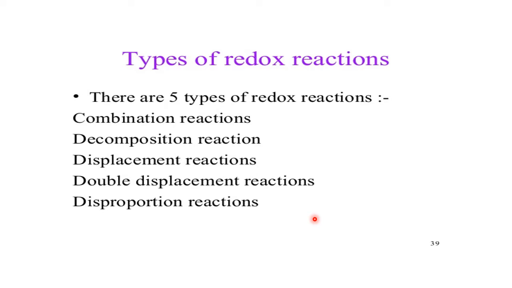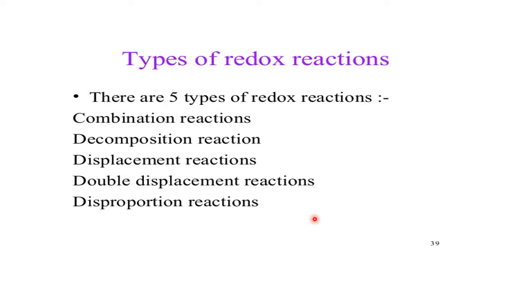In redox reactions, first you assign oxidation numbers for all the chemicals taking part in the chemical reaction. Even for the products you assign oxidation numbers. Once you assign, please check whether there is a change in the oxidation number.